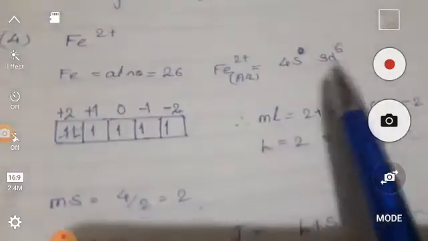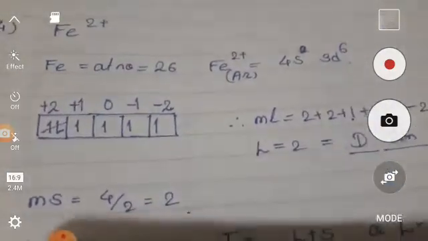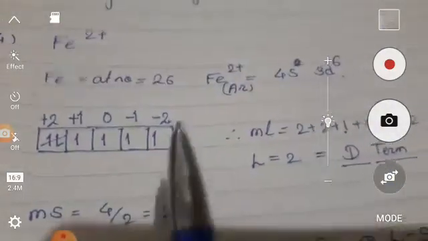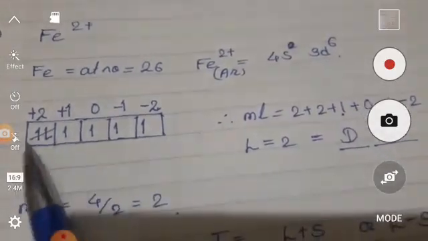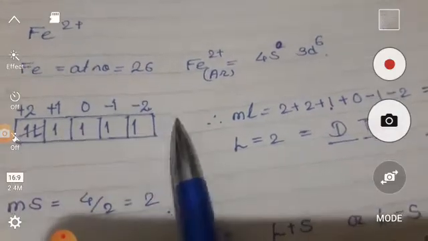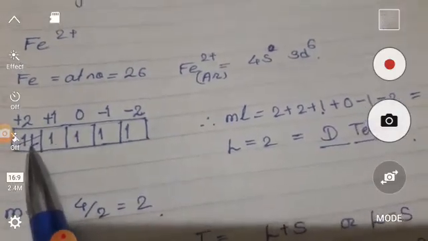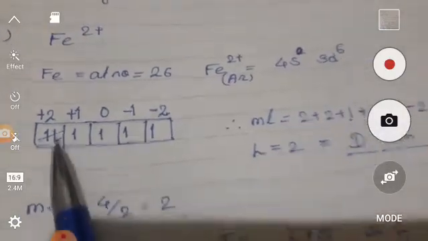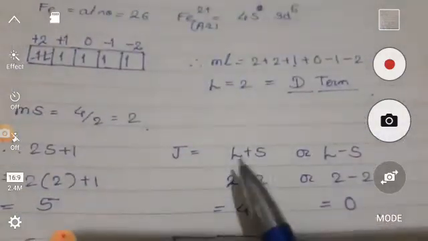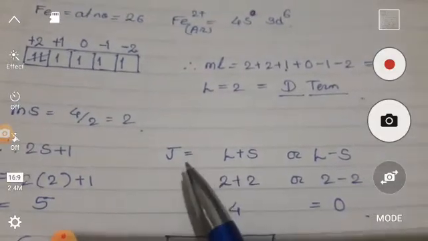But in this case, there is a 3d6 system. So our orbital is more than half filled. There are 5 electrons which make the orbital completely half filled, and there is one more electron, that is the sixth one. So that orbital is more than half filled. That's why we use L plus S to calculate the J value.